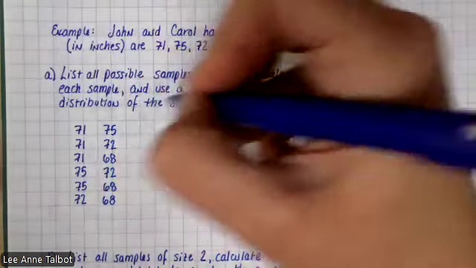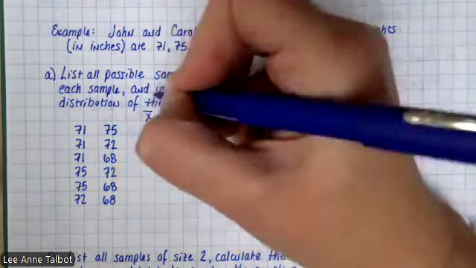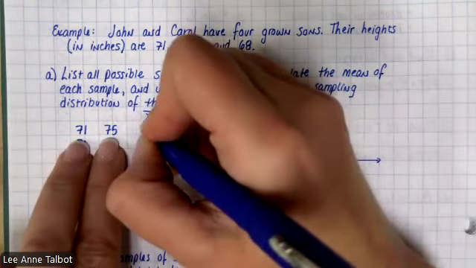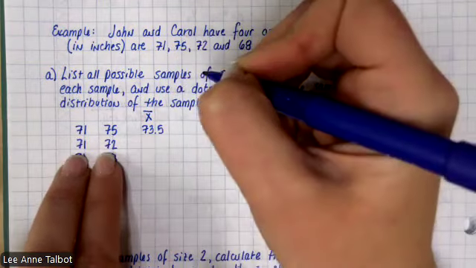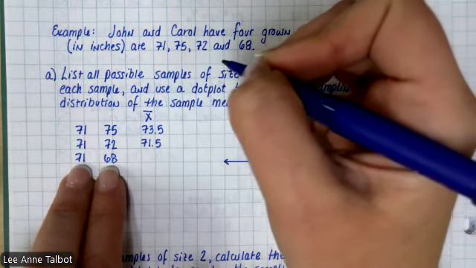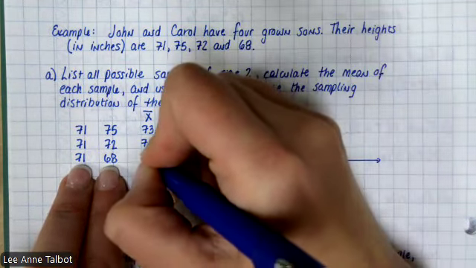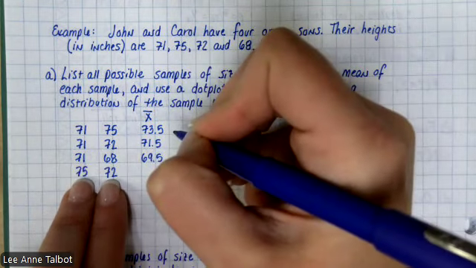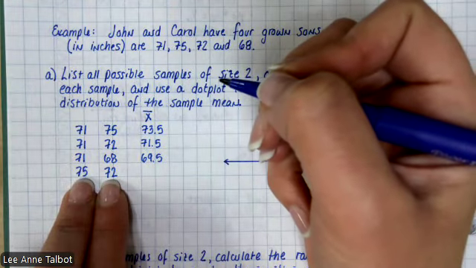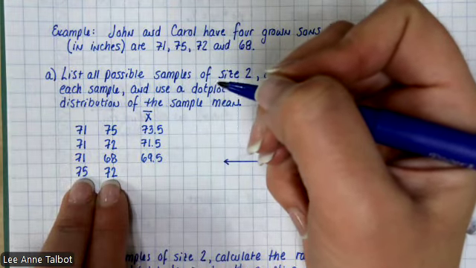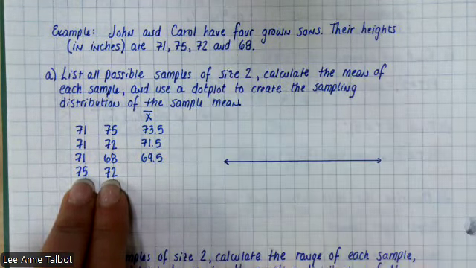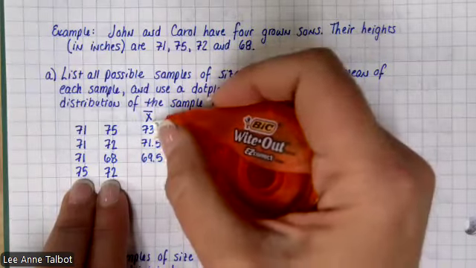Okay. Now, we're going to find all of the sample means just by looking at them. So this one would be 73.5, 71.5, 69.5, 73.5. No. 70. I did this one wrong though.